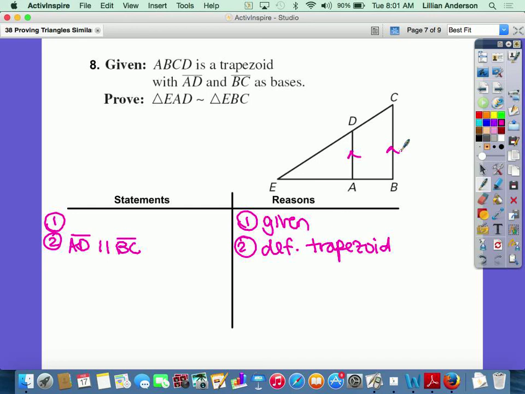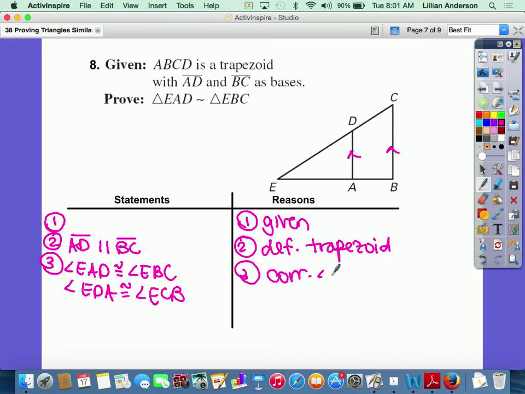And because we have parallel sides, that means that we're going to have one of those 4 types of angles. More specifically, angle EAD is going to be congruent to angle EBC, and angle EDA is going to be congruent to angle ECB, because what kind of angles are those?